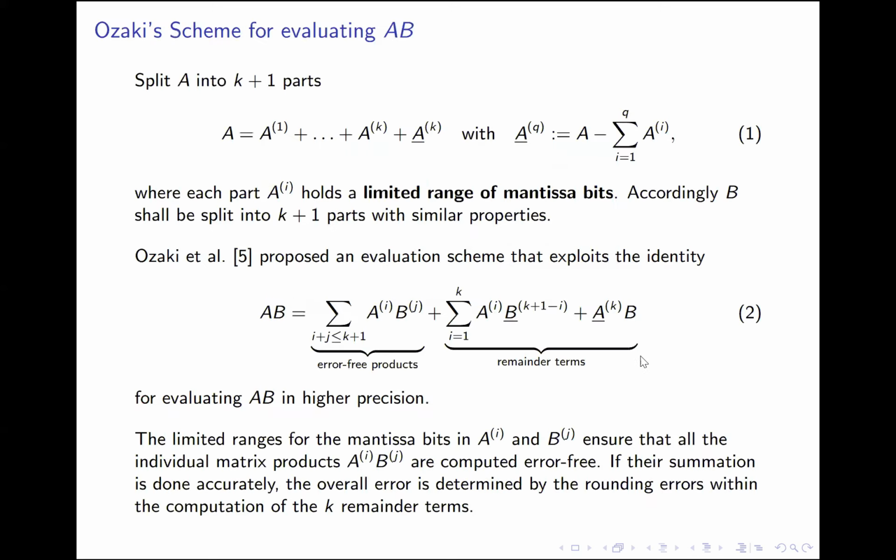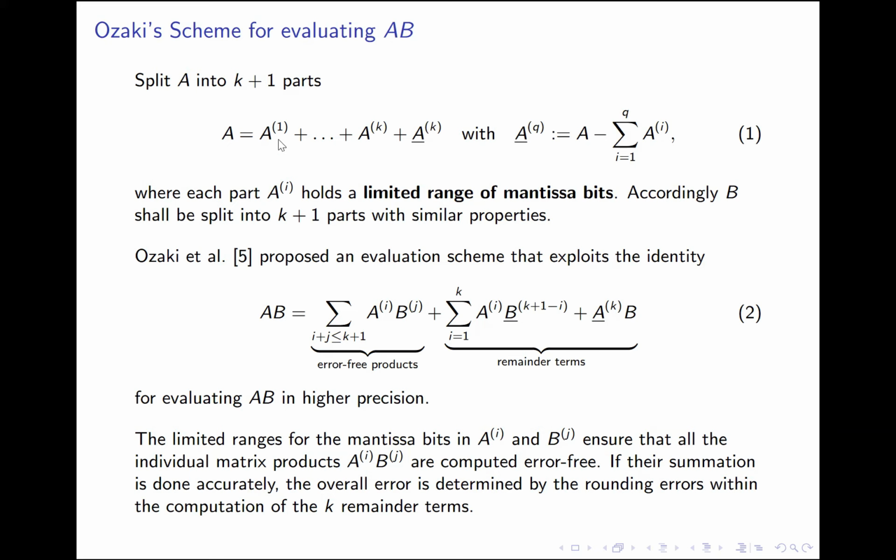So let's directly start with a short recap of Ozaki's scheme for evaluating the matrix product A times B in higher precision. The idea is pretty much straightforward. We split the matrices A and B into k plus 1 parts. The sum of these parts, of course, should still represent the actual matrices.